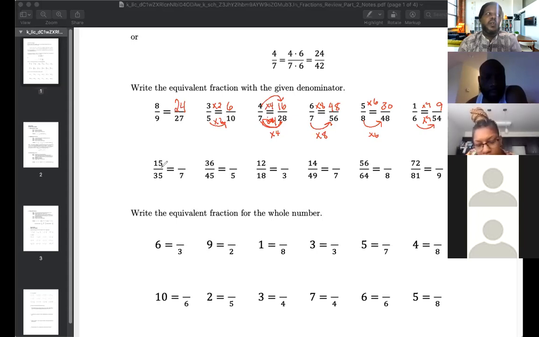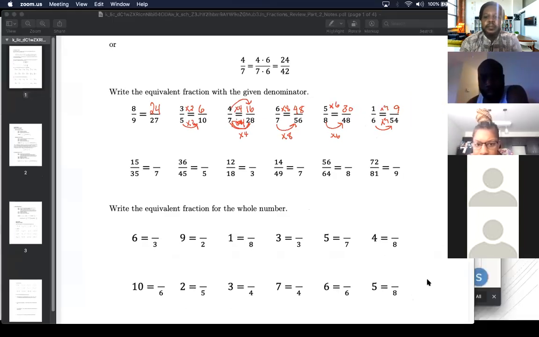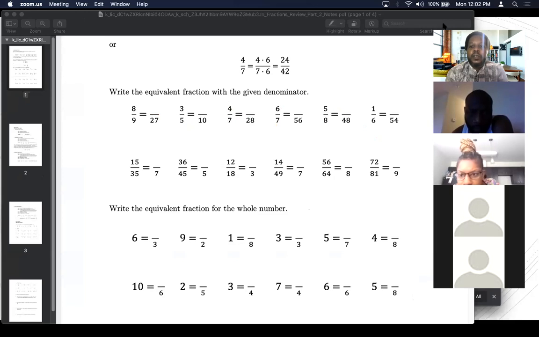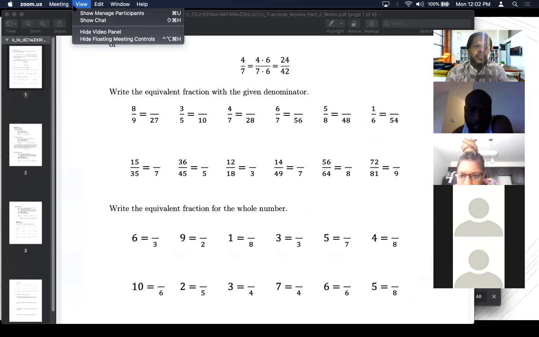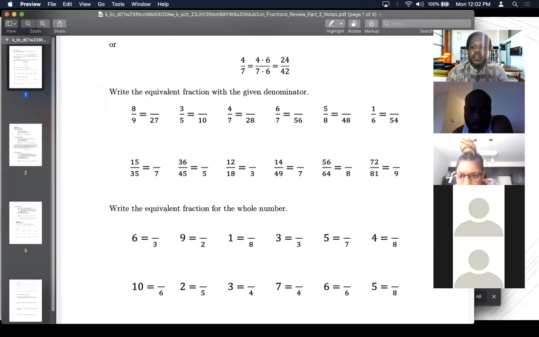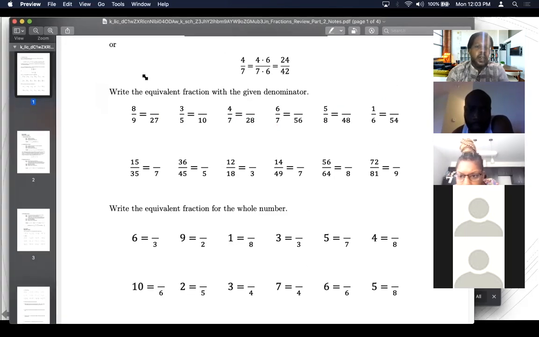So when you're typing, it might be a good idea, instead of having me full screen, just have me small. Let me see if I can show you. What's sometimes helpful, and I'll show my desktop, I think that might make it easier. What you can do sometimes is make the Zoom screen really small, so it'll be just in the corner of your screen.